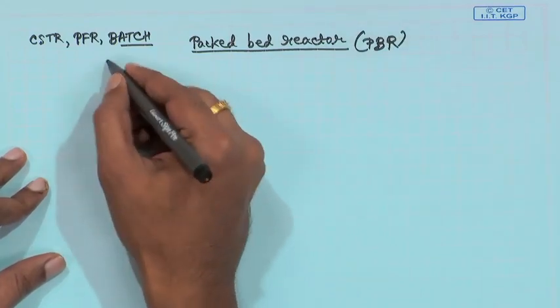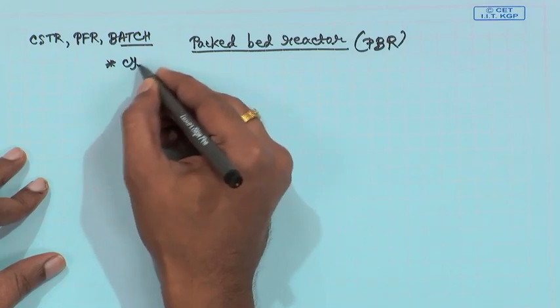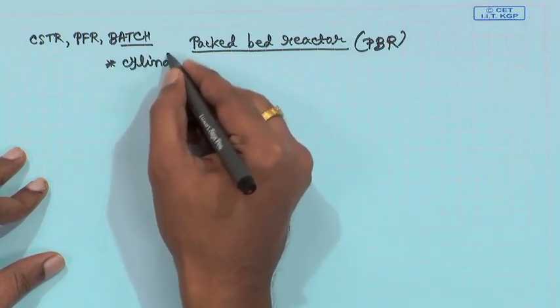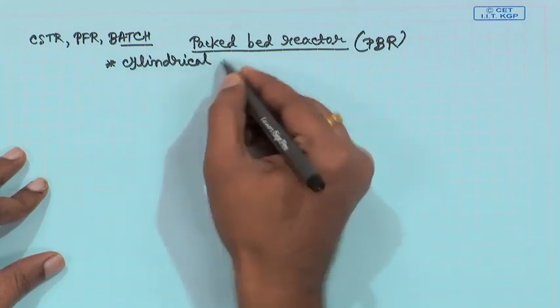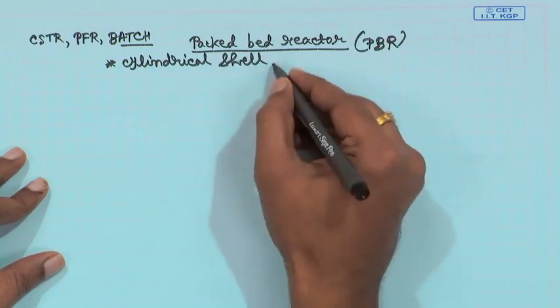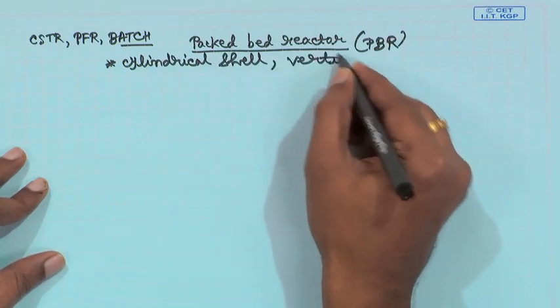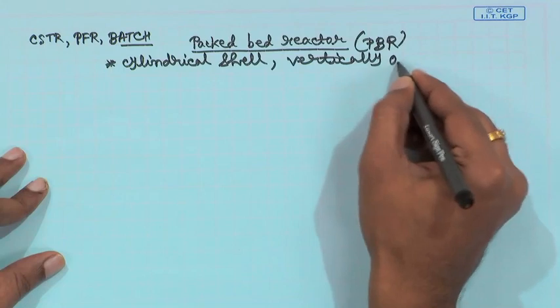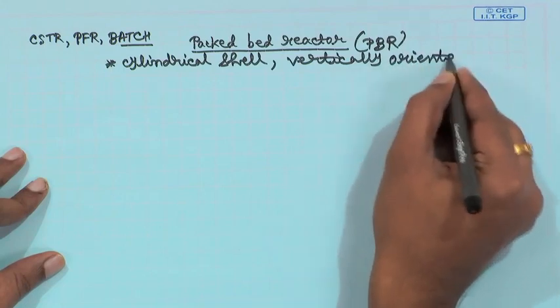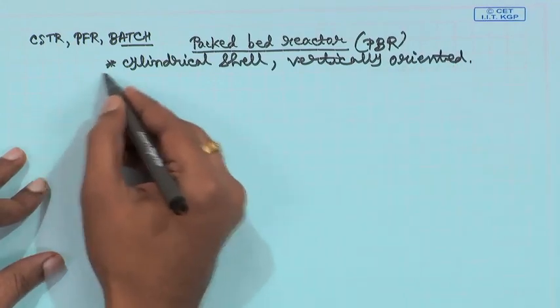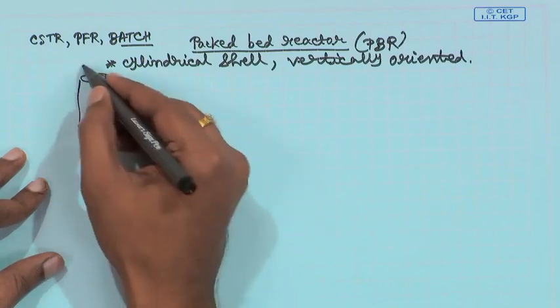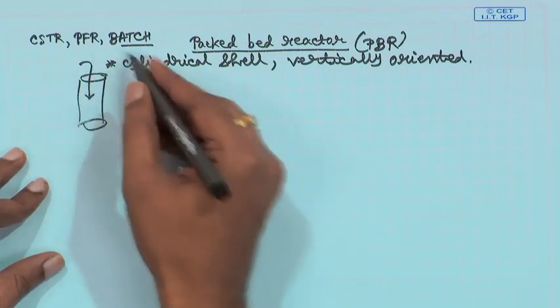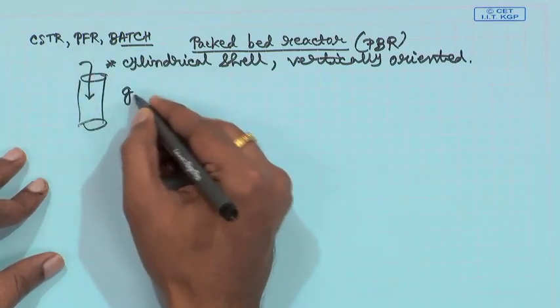Basically, you have a cylindrical shell which is vertically oriented, and your flow is often driven by gravity.